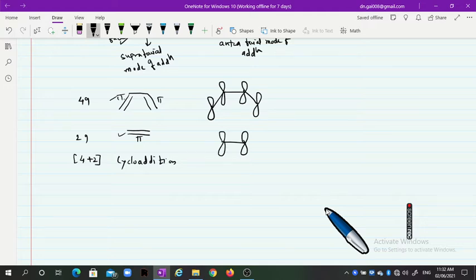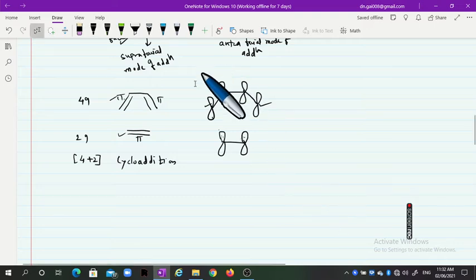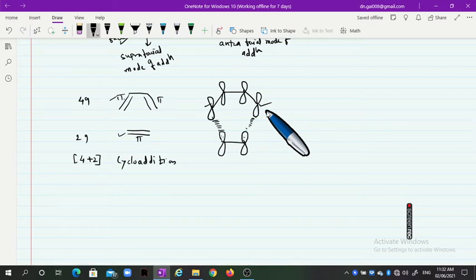Therefore, the terminal orbitals will be added to our second unsaturated system. This first orbital is added to the ethylene molecule like that, and this second orbital is added like that. Therefore this is the same phase, the same orbital phase.